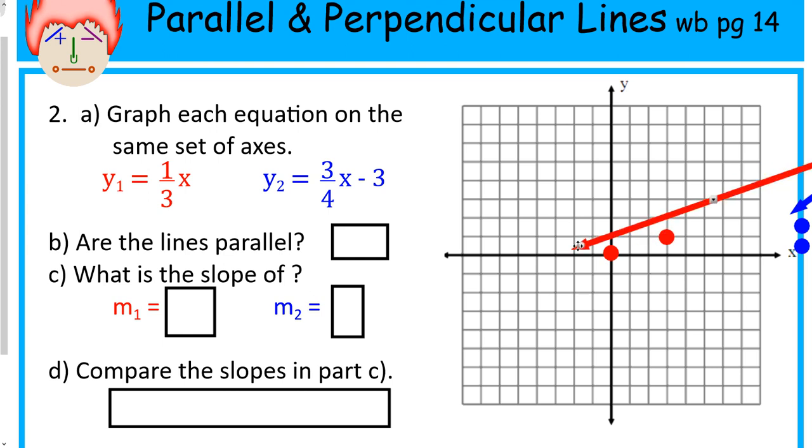Then add your line. For the blue one, we have 3 over 4 x, subtract 3. So start on the y-axis at -3, and then use your slope of 3 over 4. So up 3, over to the right 4.